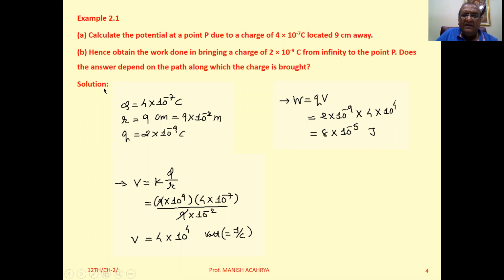Then here it is asked, does the answer depend on the path along which the charge is brought? No. We already discussed this. The work done does not depend on the path, it depends only on the initial and final position. Clear?